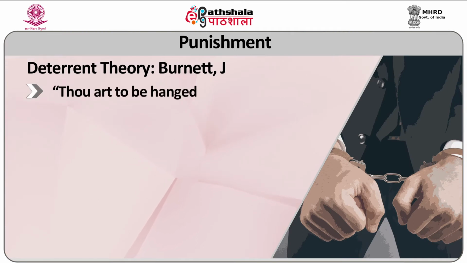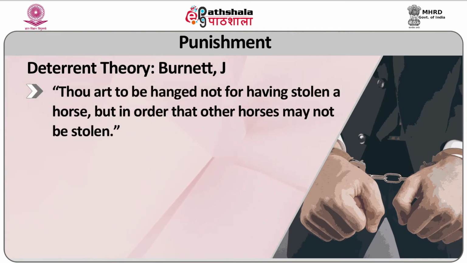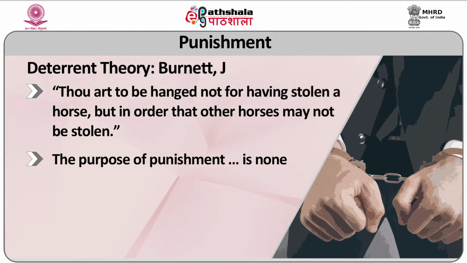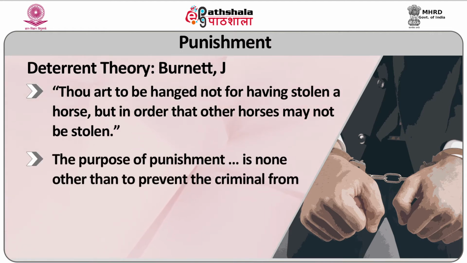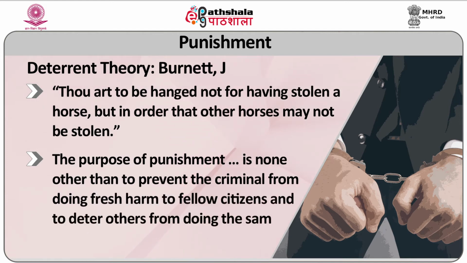Now, Bernard J. said to a prisoner, "Thou art to be hanged not for having stolen a horse, but in order that other horses may not be stolen." Now, Beccaria famously said, and I quote, that the purpose of punishment is none other than to prevent the criminal from doing fresh harm to fellow citizens and to deter others from doing the same.